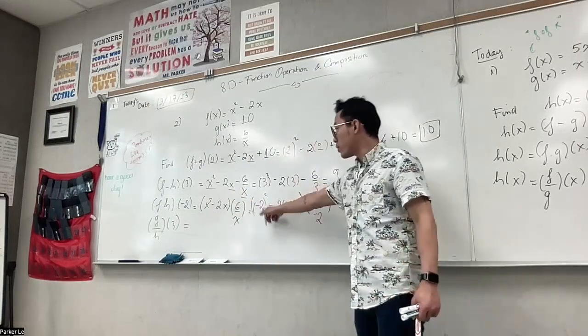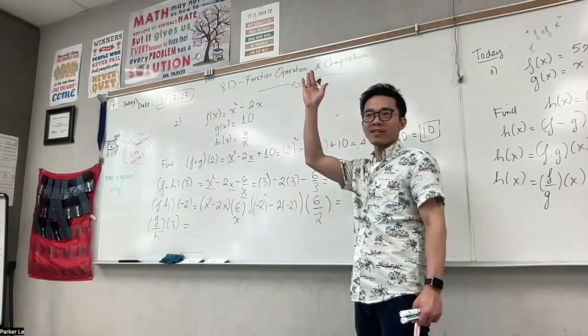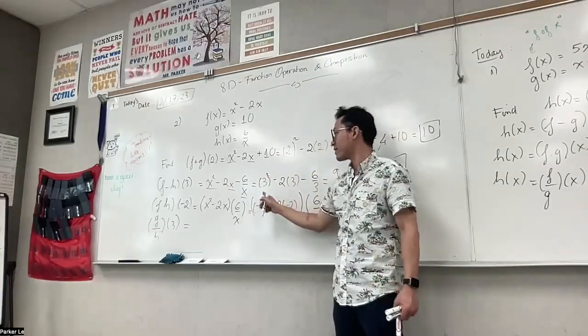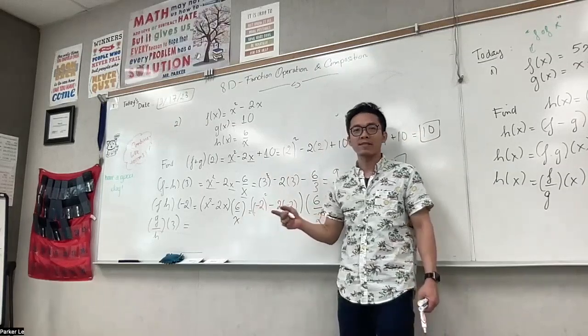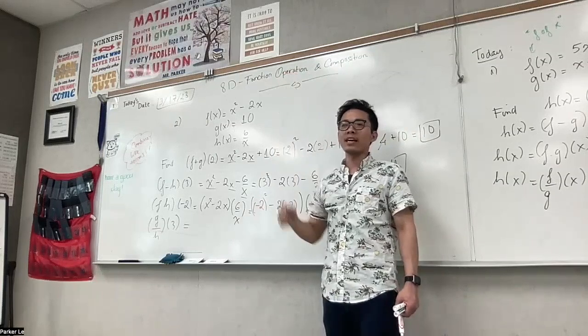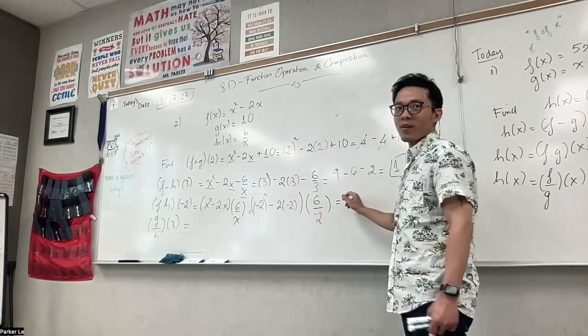So -2 squared, is that 4 or -4? Who says 4? Our question is -2 squared. Is it positive 4 or -4? Who says positive 4? Who says -4? Good. Is it positive 4?